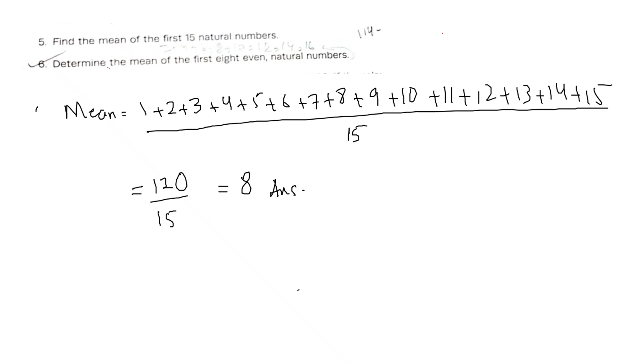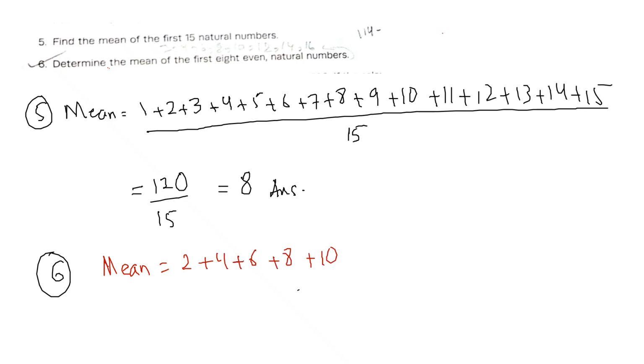Now for the next one, question number 6, what we have to do is determine the mean of the first 8 even natural numbers. Now he has specified the task, that is you have to come up with the first 8 even natural numbers. Now we only have to look for even numbers, that is, mean will be equal to 2, 4, 6, 8, 10, 12, 14, and 16.